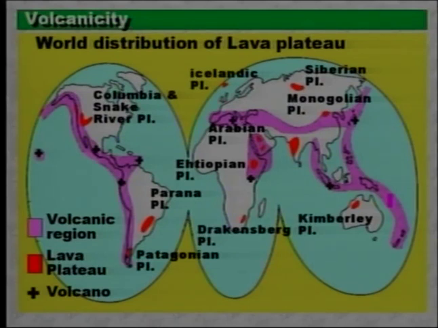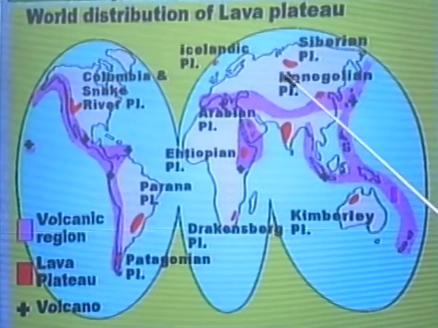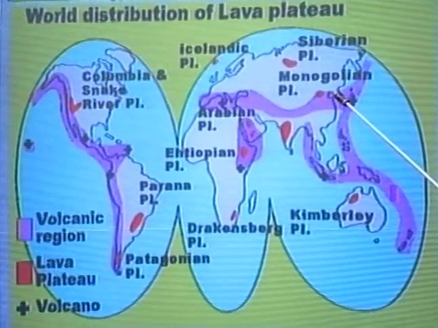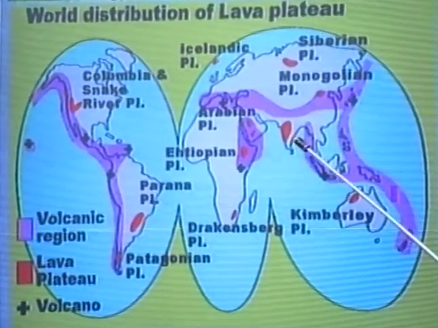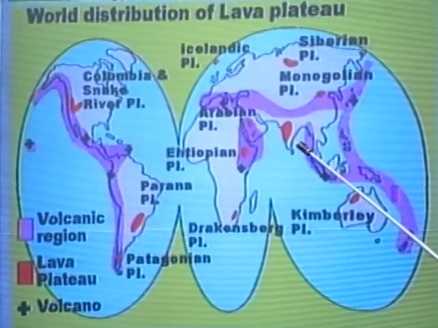We're looking at America, the Columbia and the Snake River Plateau, this area here. Then we have the Parana Plateau, Patagonian Plateau in South America. Then we come to Siberian Plateau, the Mongolian Plateau. In India, the famous Deccan Plateau.